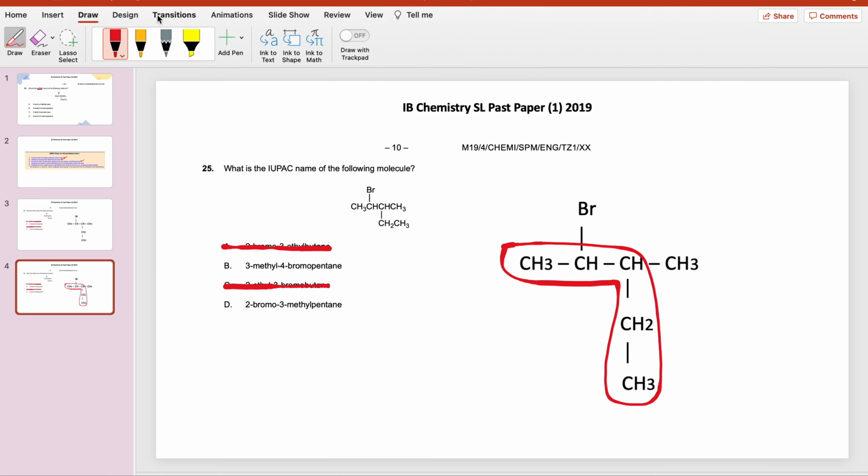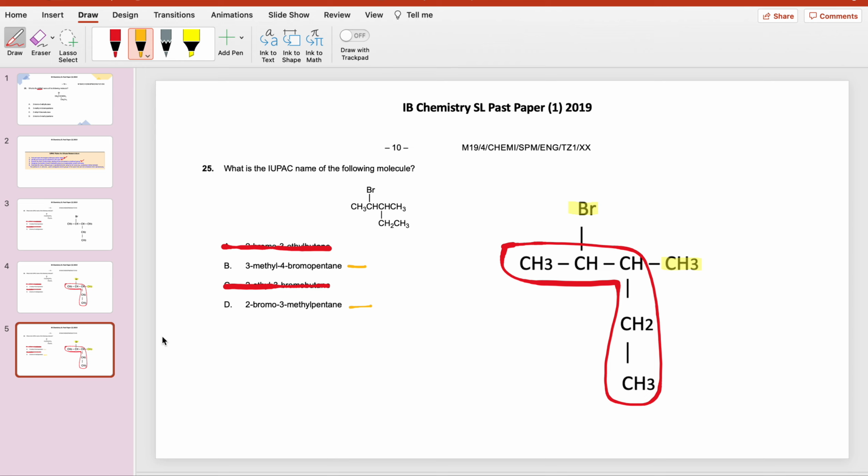Okay, so moving on, we want to determine the groups attached to the chain, and we have Br here, which is our halogen, and we have CH3. Now, from here, what can we do, right? We want to determine, is this the answer or is this the answer? Because they're both pentane. These answers just differ based on where you locate your first carbon, and I'll show you what this means.